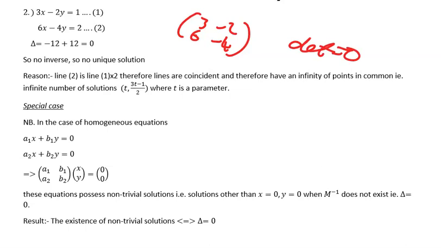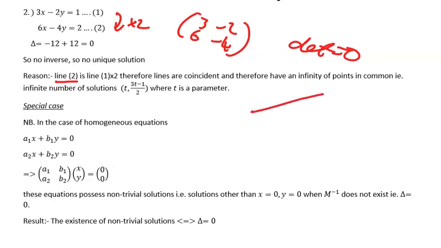The reason in this case is that your line 2 is just 2 times equation 1. To get from here to here, I just multiply by 2. So the second line is exactly the same as the first line.